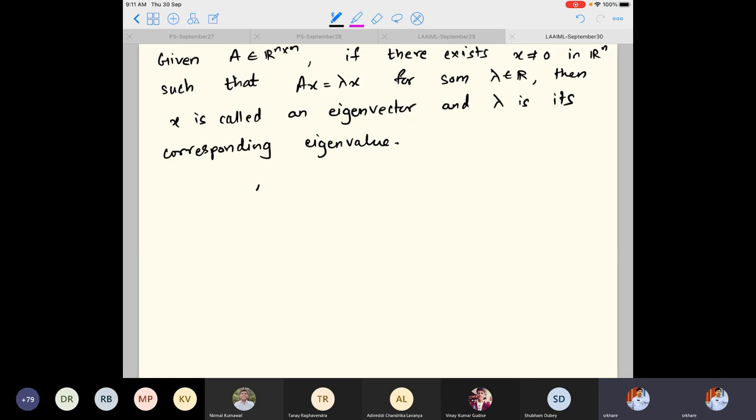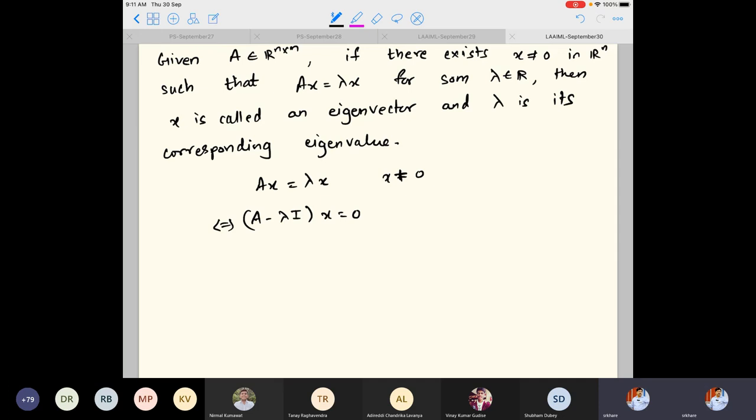So what you focus on is this equation, right? Ax is equal to lambda x, x is not equal to 0. So you can write A minus lambda I times x is equal to 0. These two are equivalent; I'm just rearranging the terms.